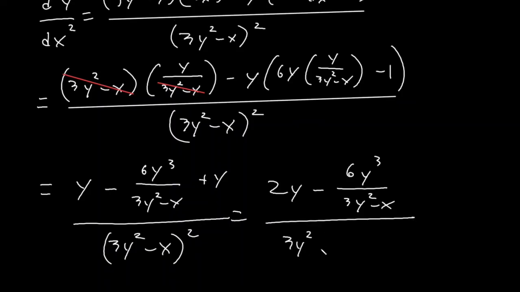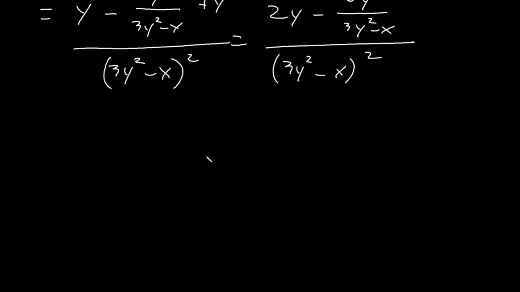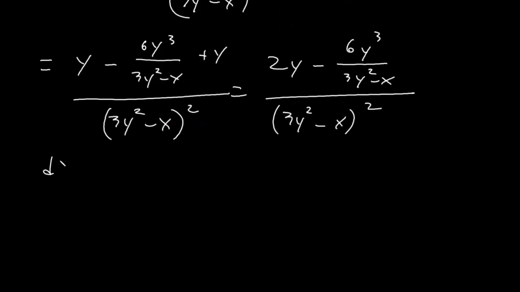Now all we have to do is plug in the x and y values that we were given into the second derivative. We were given the point negative 1 comma 1. So the second derivative at negative 1 comma 1: I'll plug in negative 1 for x and 1 for y into everything here.